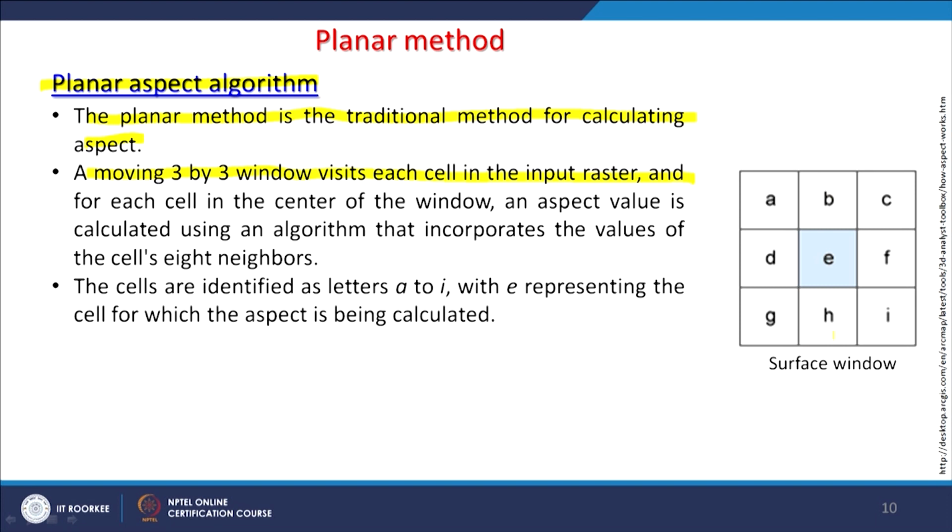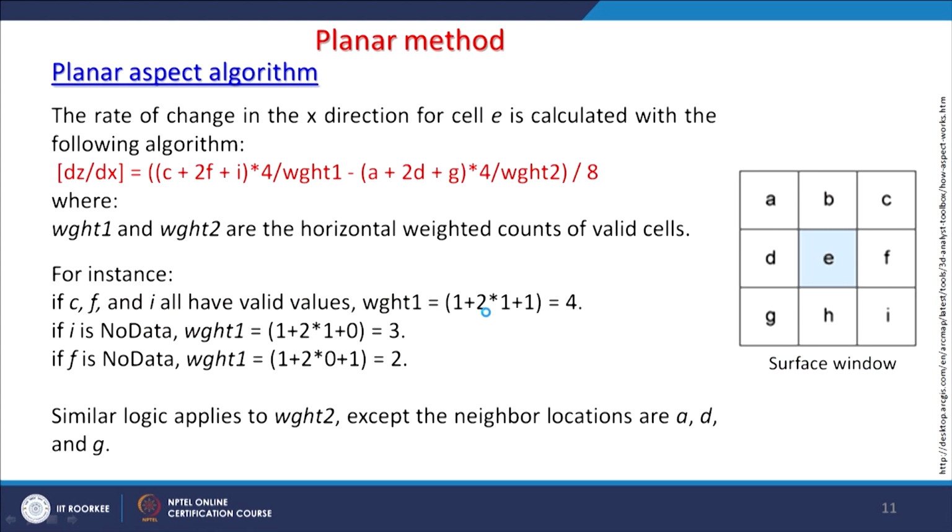Like here, again you have cells in our moving or roving window, A to I. The cells are identified as letters A to I, with E representing the cell for which the aspect is being calculated. Here the weight concept may not be possible, because for all 8 directions we have to calculate the value.